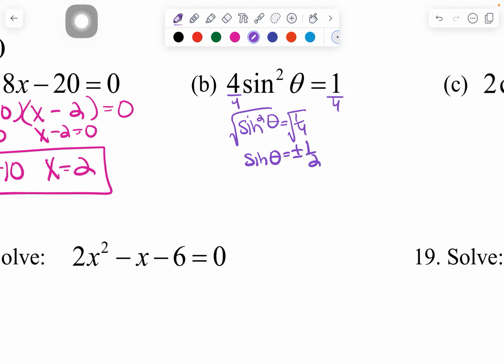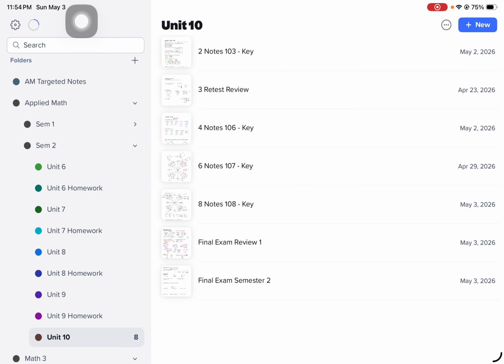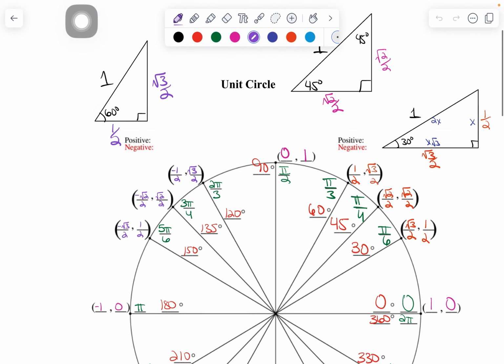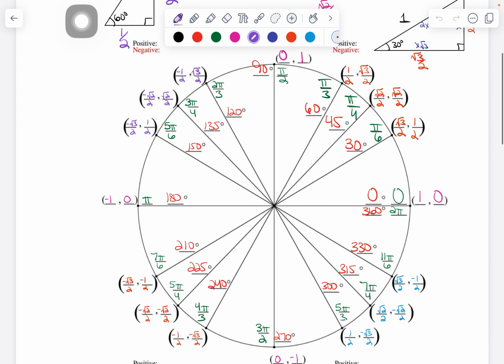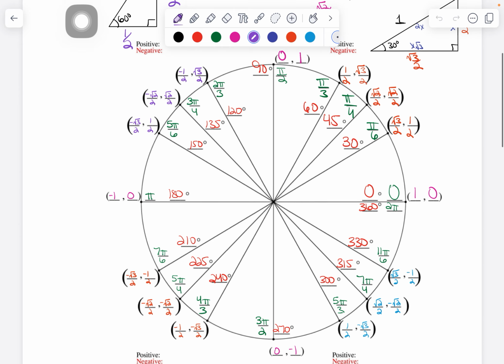All right, now this is where I don't have the unit circle memorized. So I'm going to bounce out of the current note sheet I'm in into another problem that has the unit circle in it. And what I'm going to be looking for is anywhere sine is equal to a positive or negative 1/2. So let's go back to notes 107. All right, that has a perfectly valid unit circle on it. And I'm looking for anywhere sine.